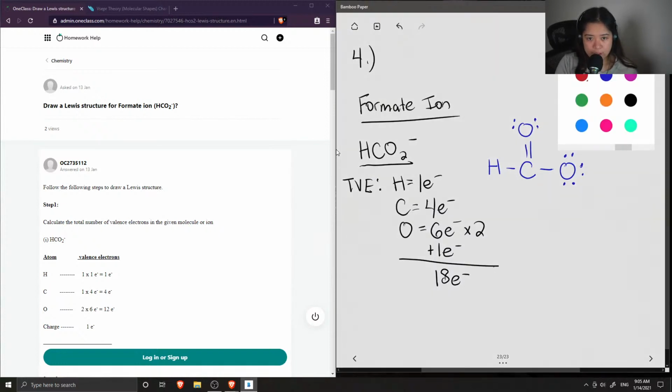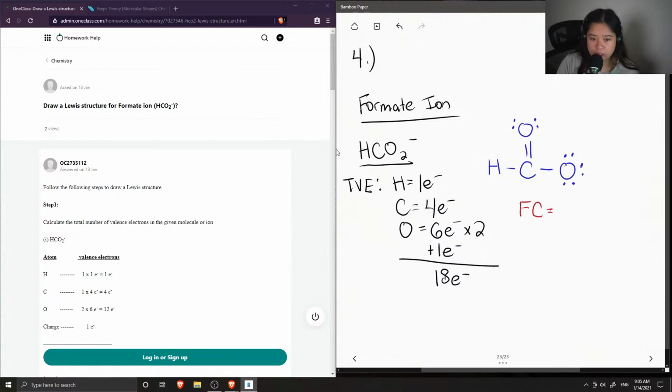So now I just want to calculate the formal charge of the ions. So the equation for formal charge is the number of valence electrons minus the number of non-bonding electrons minus the number of bonding electrons divided by 2.